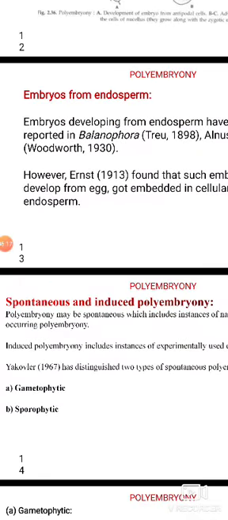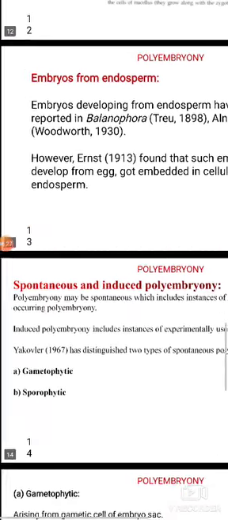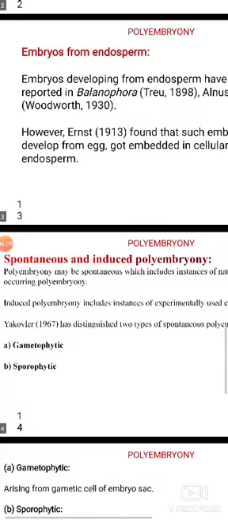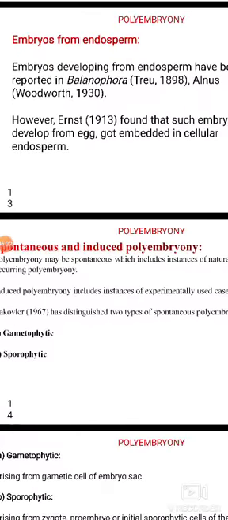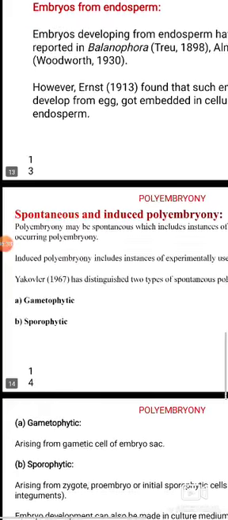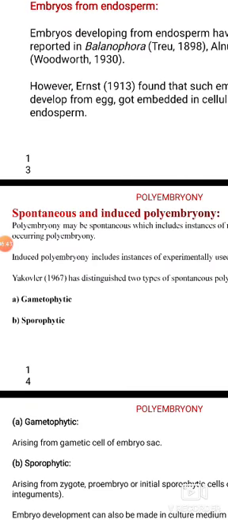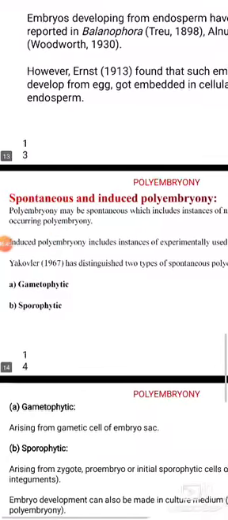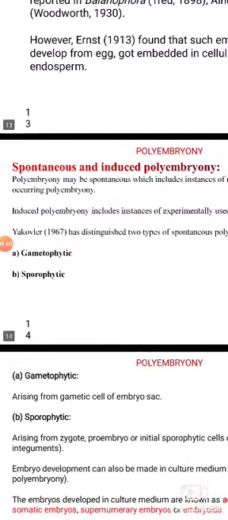Spontaneous and induced polyembryony. Polyembryony may be spontaneous, which includes instances of naturally occurring polyembryony. Induced polyembryony includes instances of experimentally induced cases. Yakovlev has distinguished two types of spontaneous polyembryony, that is gametophytic and sporophytic.